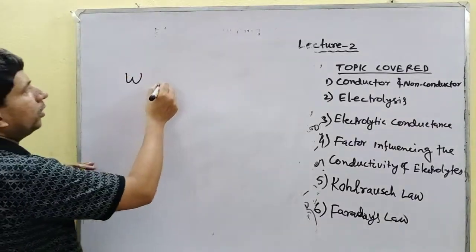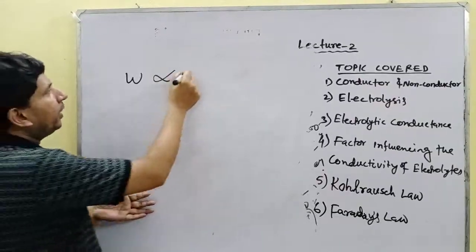So W is directly proportional to the equivalent weight.